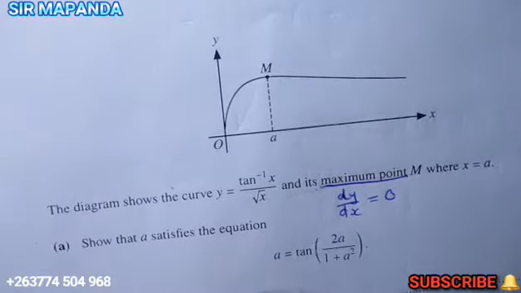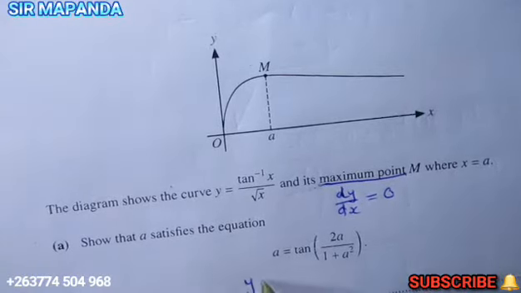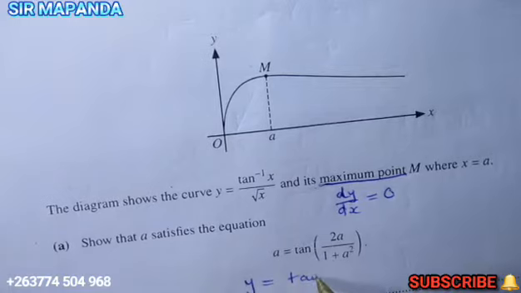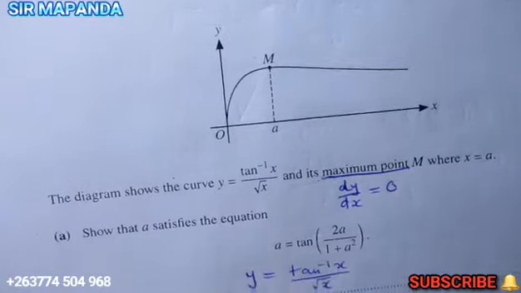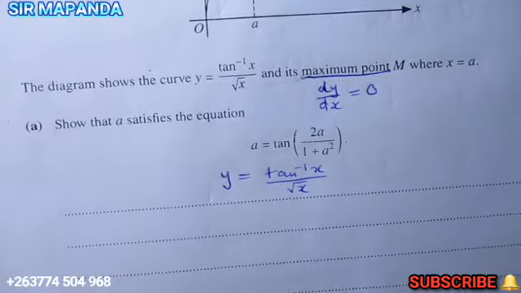So what I want you to do is you take y equals arctan of x divided by square root of x like this. Then you find dy/dx. Then you equate the dy/dx to 0 to find the maximum. I hope you are listening.